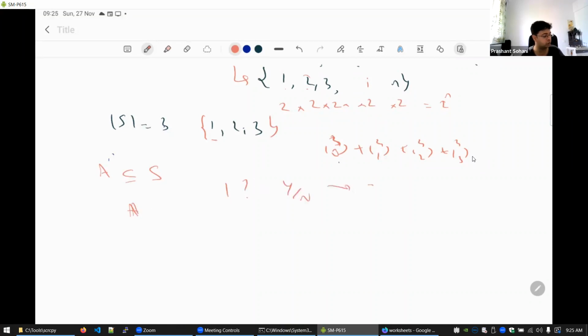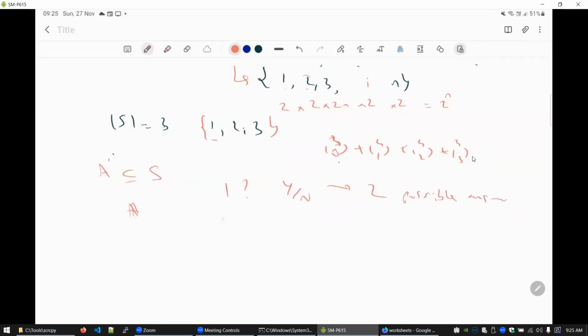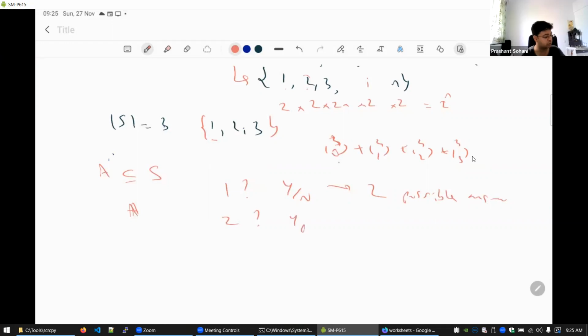And that yes no question has two possible answers. For the second element, again I have a yes no question. Do I want 2 or not? Again, two possible answers. Same for 3. Do I want 3 or not? Two possible answers. So 2, 2, 2. There are totally 8 possible ways to answer all these yes no questions. And each combination will give me a different set, right? Yeah, correct.